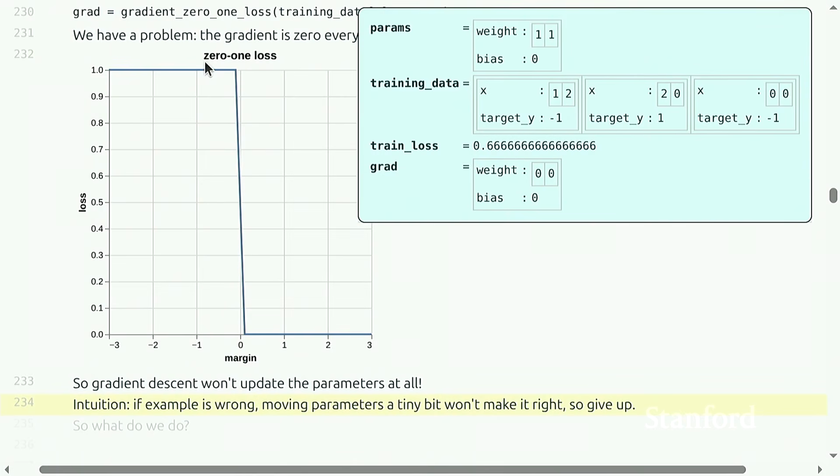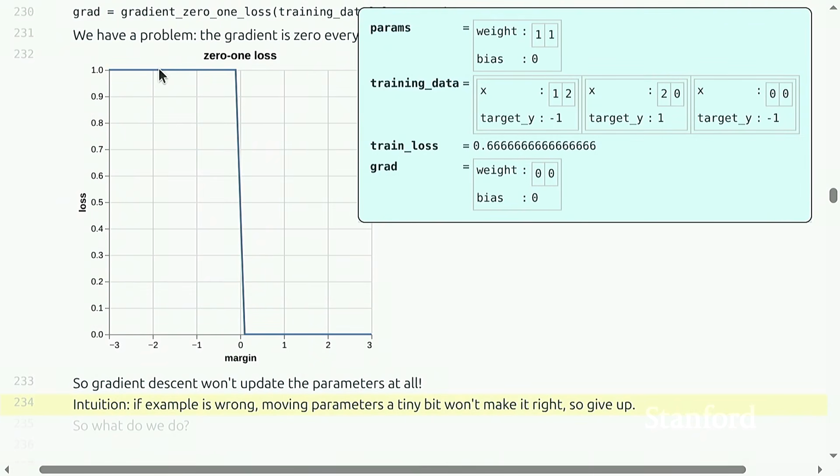So intuitively, what's going on here is that with a 0-1 loss, you're very binary or discrete about your choices. So if you happen to have a margin over here, right? And remember, the gradient is a very local notion. It says if I move my parameters a little bit, how much can I reduce the loss?